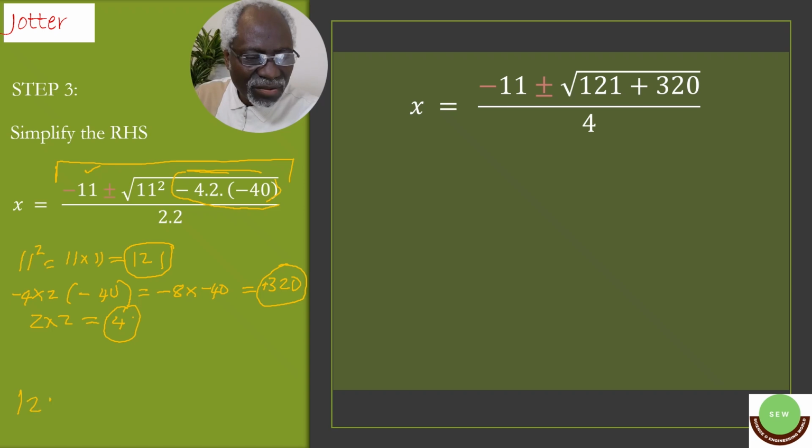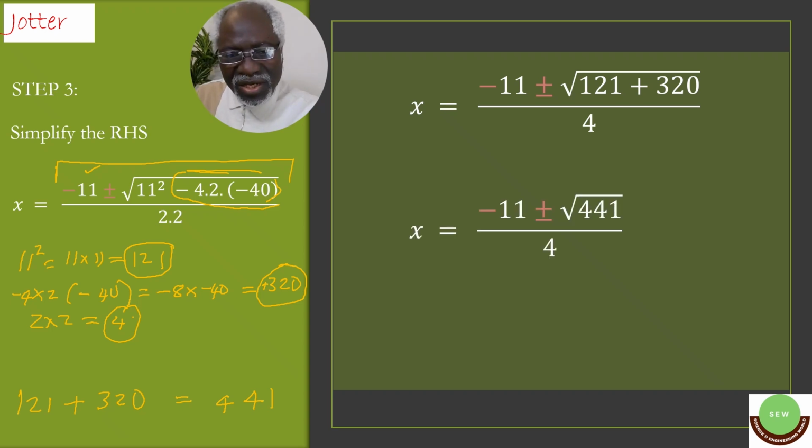121 plus 320 will give us 441. So we now have that the square root of 441 is equal to 21.